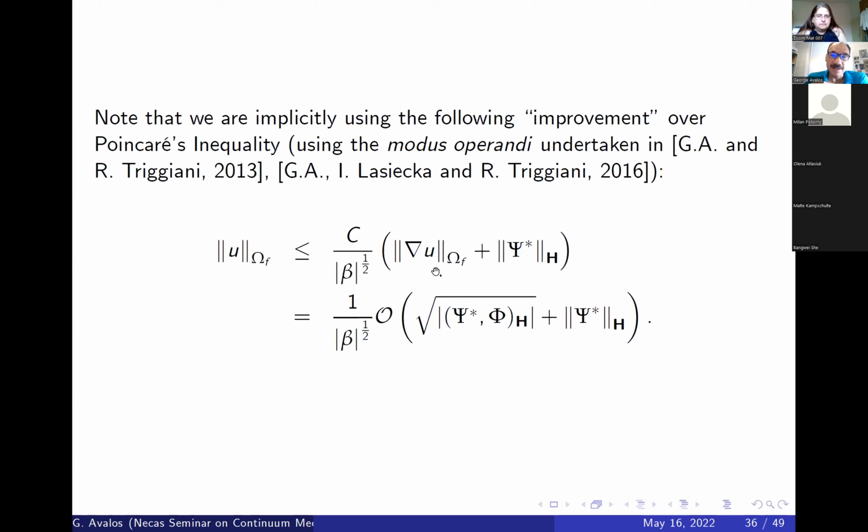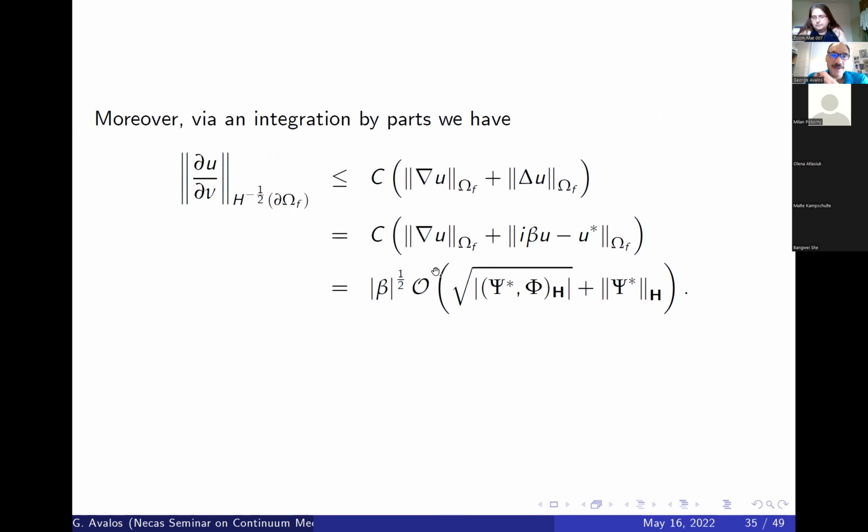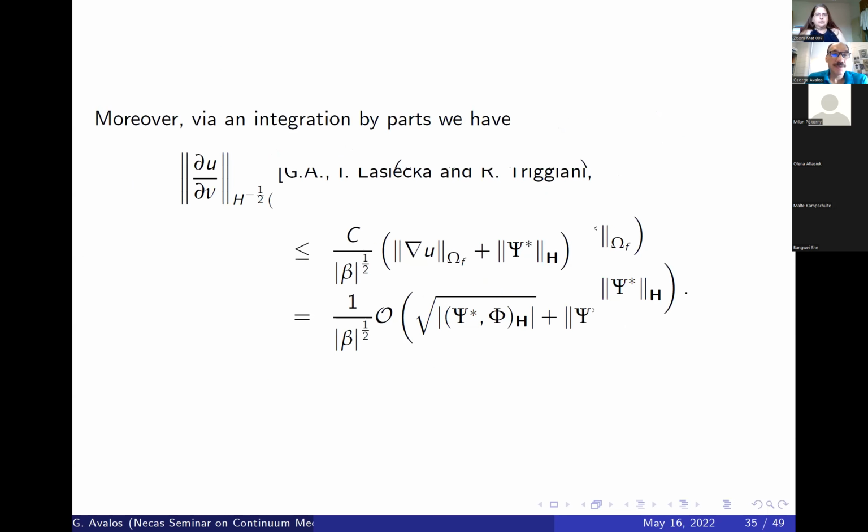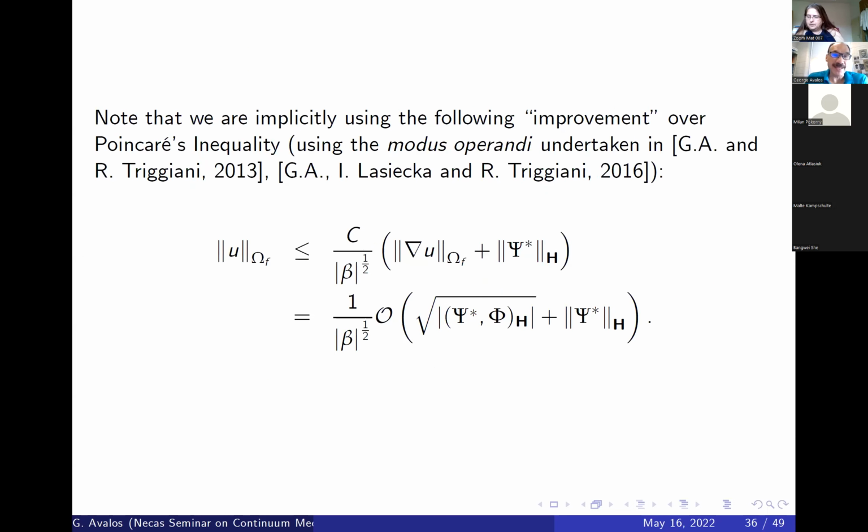To get the sharpest result, we obtain a refinement of Poincaré's inequality. Here, if you have control of the thermal component, then you have control of beta times this guy.